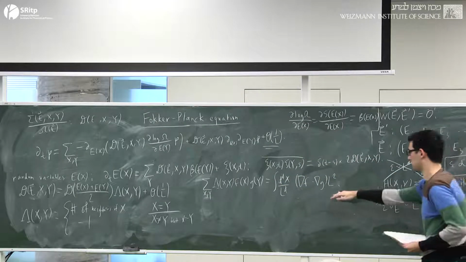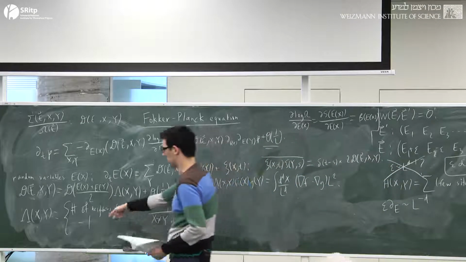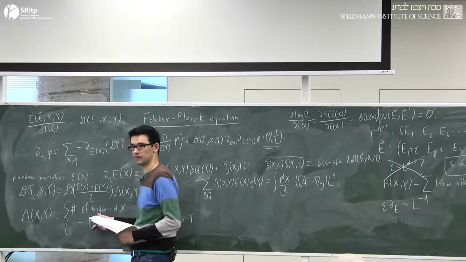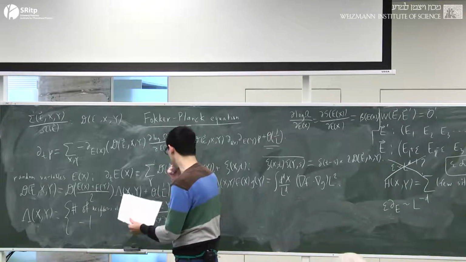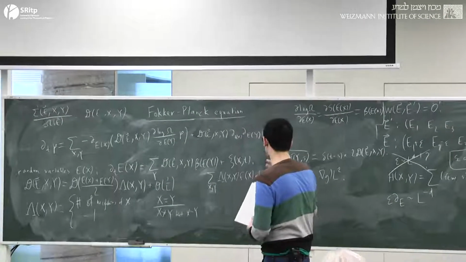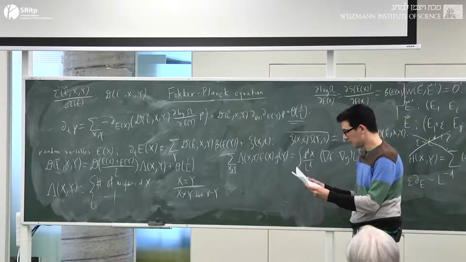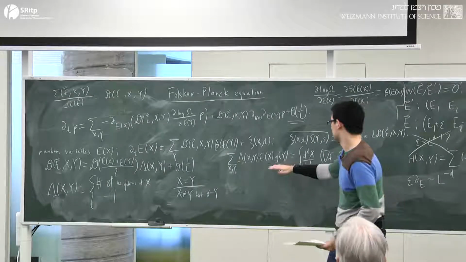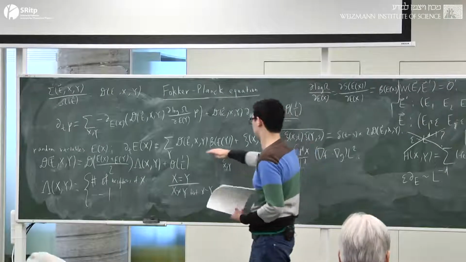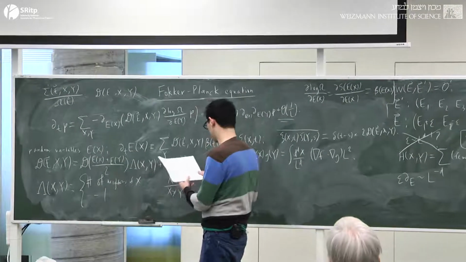This overall factor of L squared is just coming from the fact that there's no L in this equation. But we don't want to use microscopic coordinates where L is set to 1. Okay.